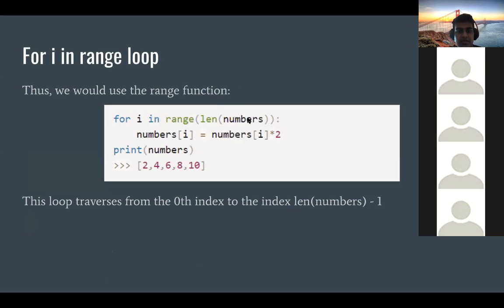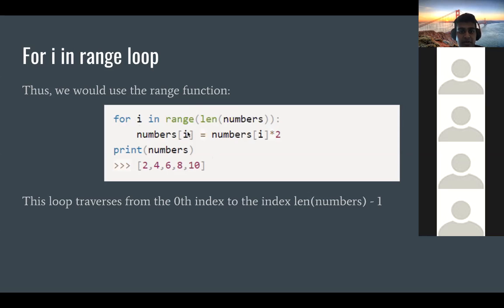It's the same concept, kind of. How the range function works is it goes to whatever number is inside it minus 1. So let's say the length is 5. We'll start from 0, and it'll go to 5 minus 1, or 4.